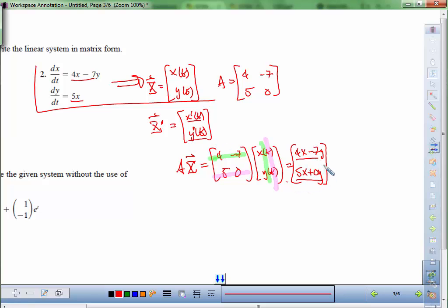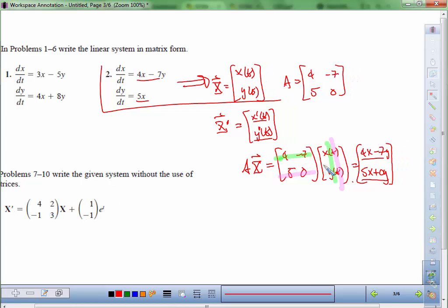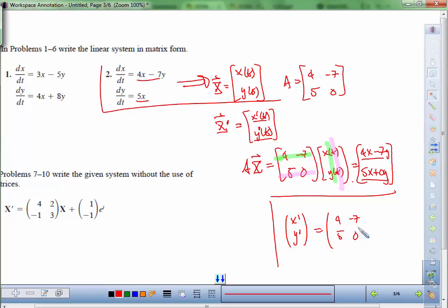So I think in terms of answering their question, if they want us to write this in matrix form, my answer here would be x prime, y prime is equal to 4, -7, 5, 0 times x, y.